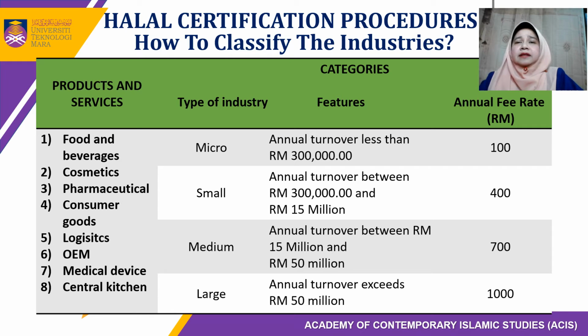Is it less than 300,000 ringgit, or between 300,000 and 15 million, or the rest? Okay, so we need to identify the type and then the features, then we will know the exact annual fee for that industry.